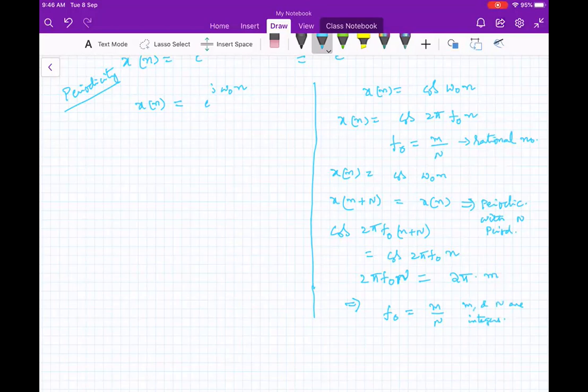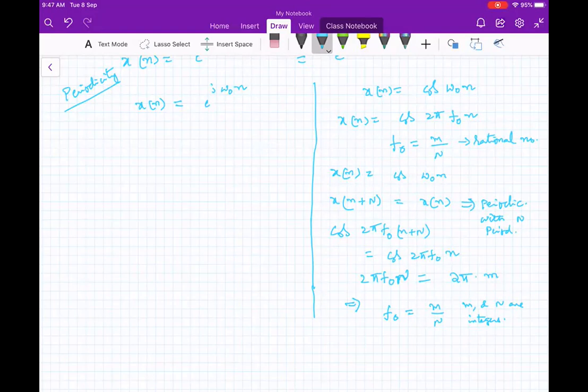So that's what Niharika said at the beginning, f naught equal to m by N, as a rational number. Fine or not? So it is periodic only if, for cos omega naught n, omega naught has this form and f naught is a rational number. Okay, fine.